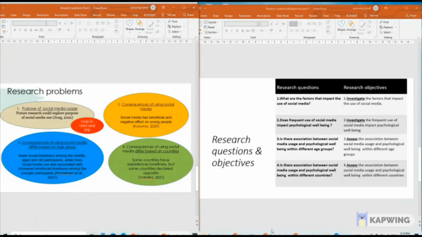So in this case, the research question will be, is there an association between social media usage and psychological well-being within the different age groups? The research objective will be to assess the association between social media usage and psychological well-being within the different age groups, right? Okay, finally, the last research problem is that the consequences of using social media differ based on the countries.